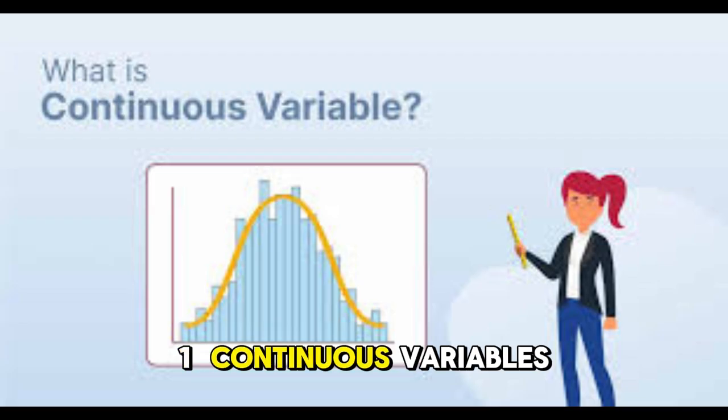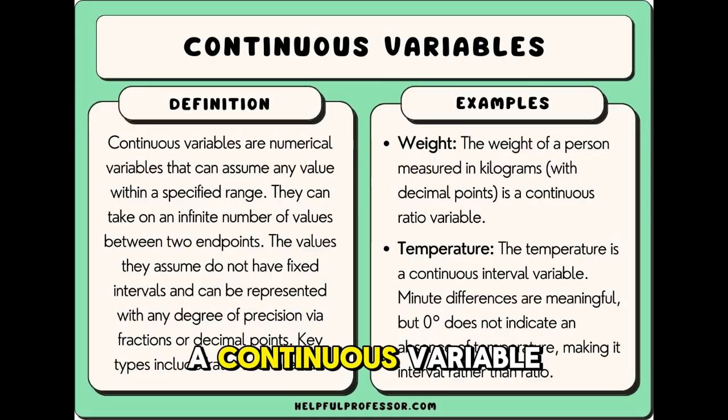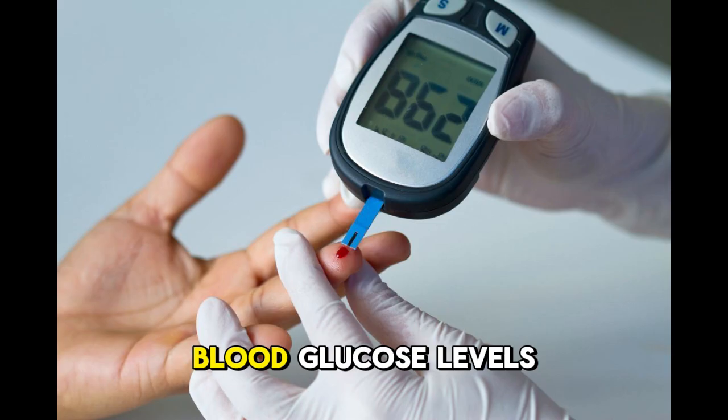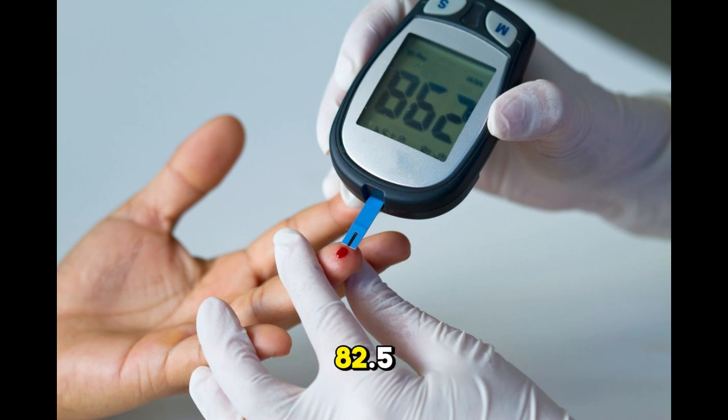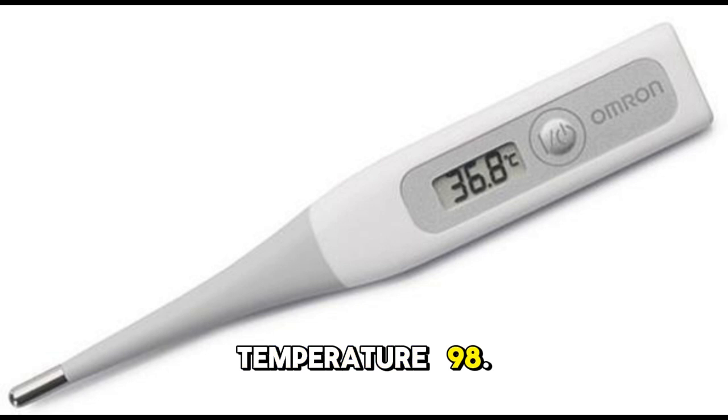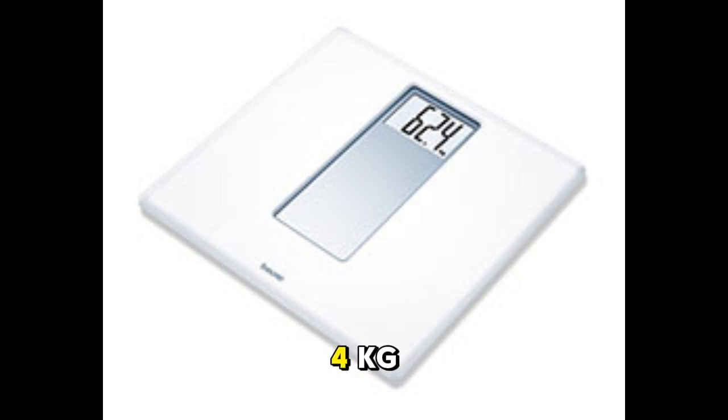1. Continuous variables. A continuous variable can take any numeric value within a certain range. It's not limited to whole numbers. It includes decimals and fractions too. Examples: blood glucose levels, 82.5 milligrams per dL, 109.2 milligrams per dL; temperature, 98.6 degrees Fahrenheit, 101.3 degrees Fahrenheit; weight, 67.4 kilograms, 70.1 kilograms.